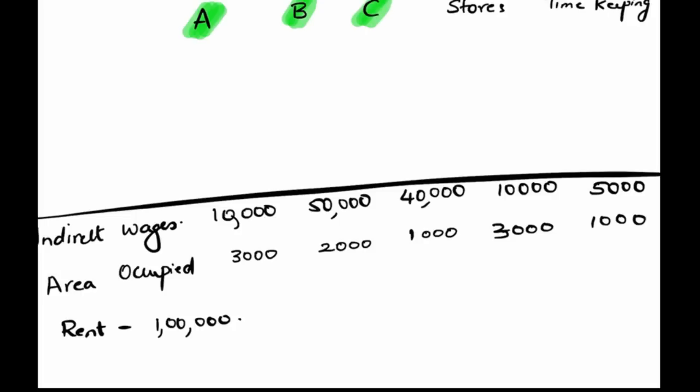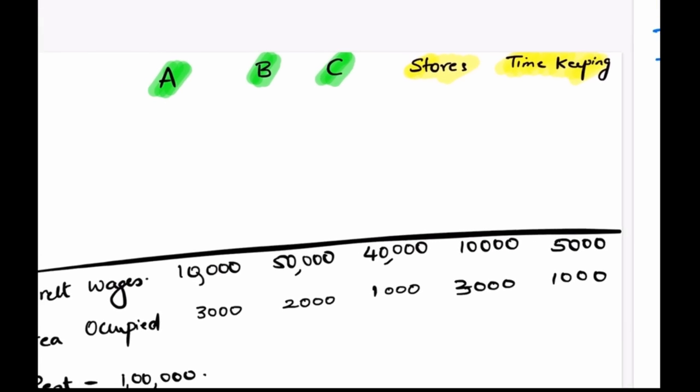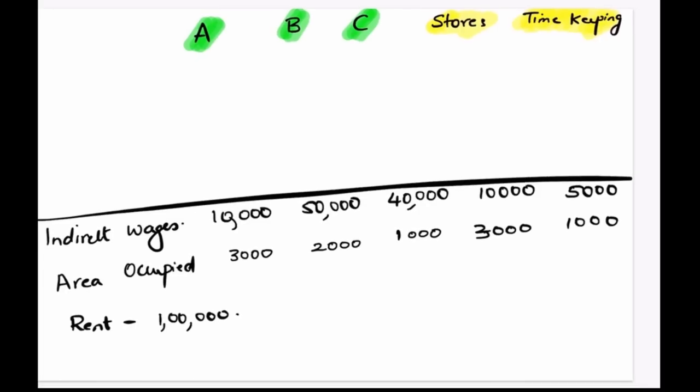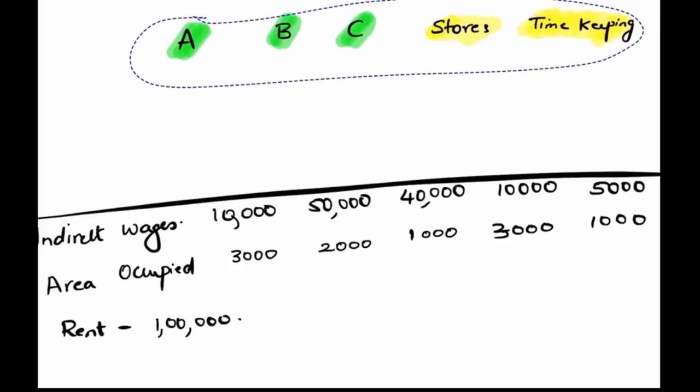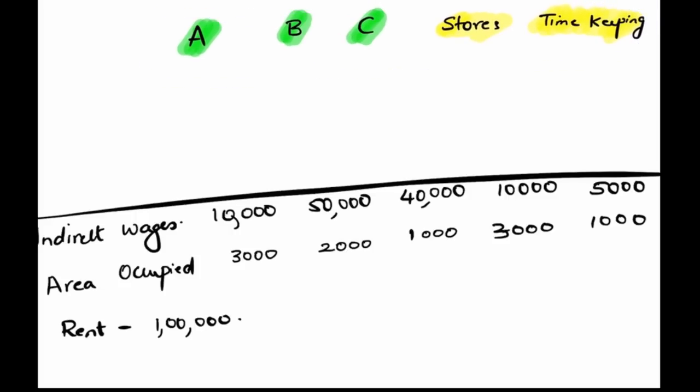These three, A, B, C, fall under the category of my production centers. Stores and timekeeping are going to be part of my service centers.